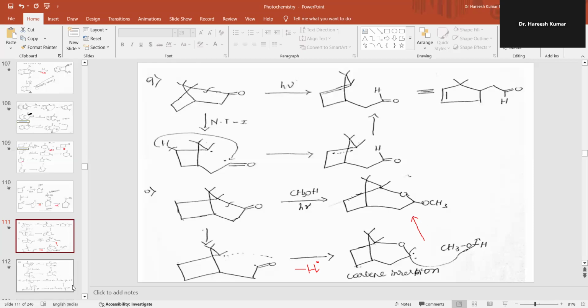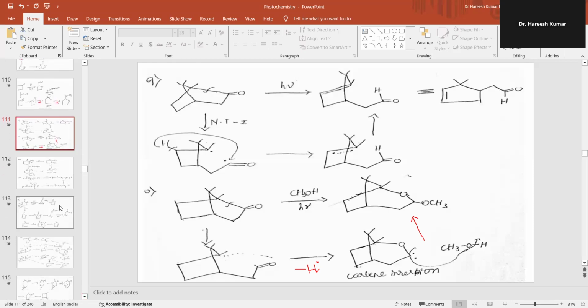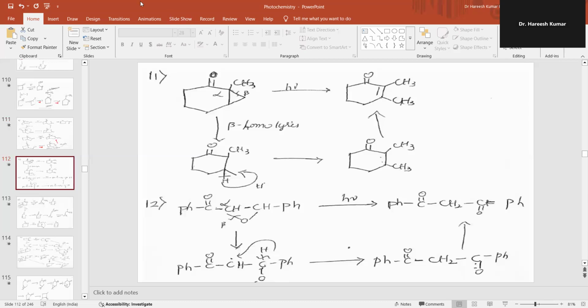I will take one more example. Okay. So here we are giving examples of beta cleavage. So 2, 3 examples we are getting. This is the alpha carbon, this is the beta carbon. So we are considering beta cleavage. Beta cleavage means this bond is broken, forming a radical here, then a radical here.